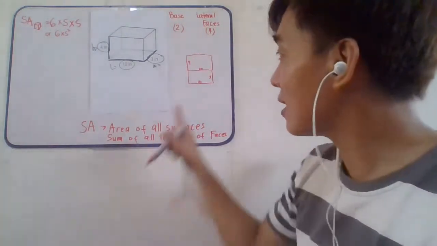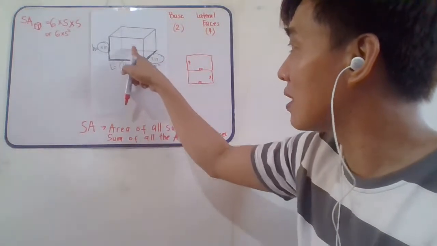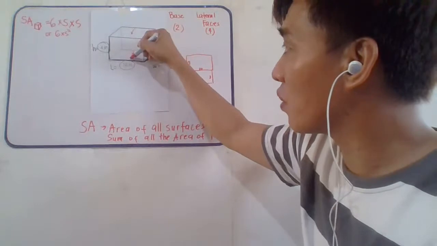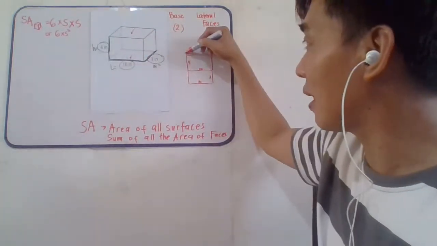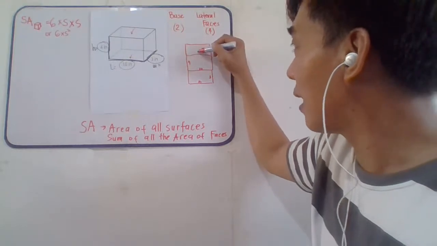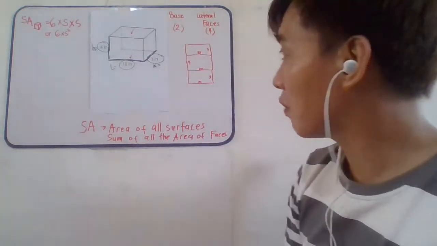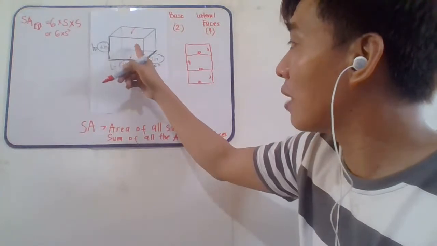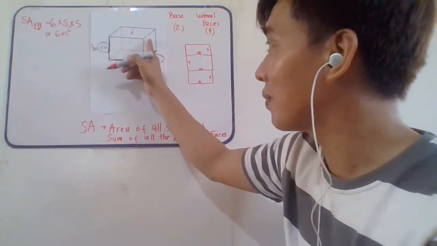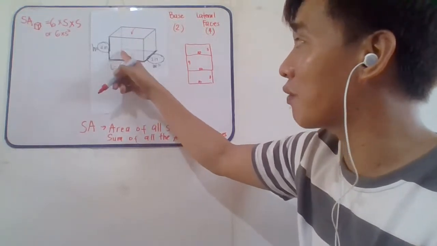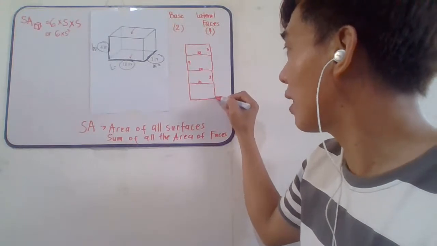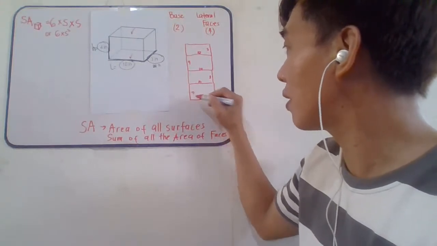This is the bottom portion, and this is the back portion. Of course, the top portion here is the same as the bottom portion, so that will give us 3 by 10. And the front portion here would look the same as the back. The back and the front are equal. So that will give us 10 by 4.